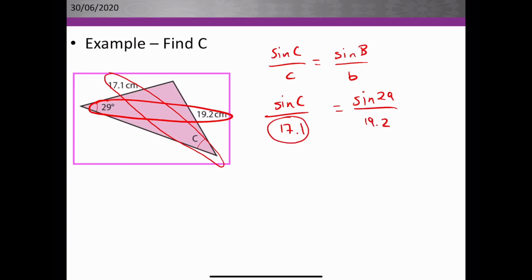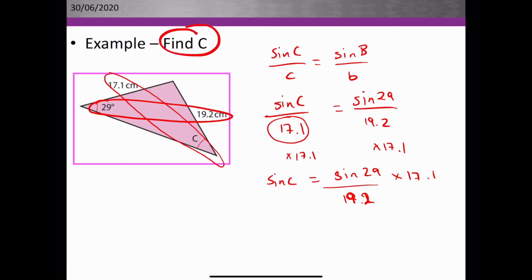I want to get rid of that 17.1, so I'm going to times by 17.1. So you're left with sin C equals sin 29 over 19.2 times 17.1.